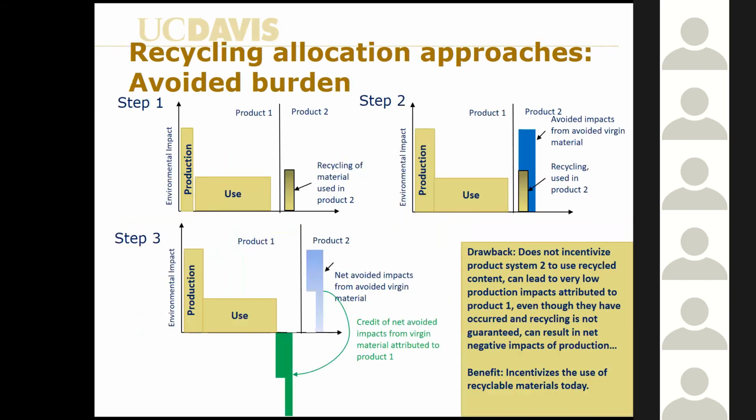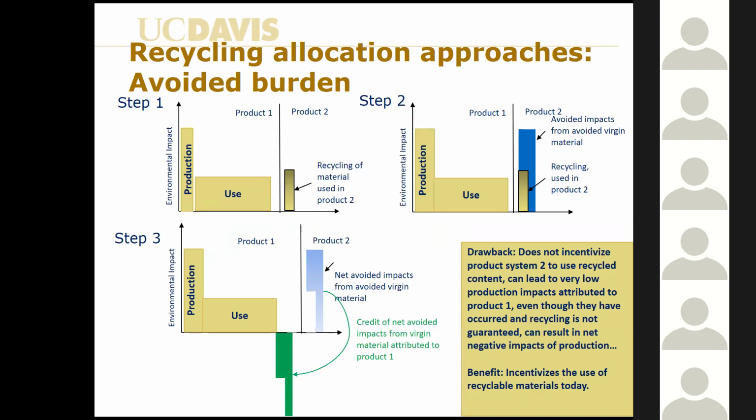On the more complicated side of things, but also the more optimistic, is what is the avoided burden. So this is a bit harder to describe, but the idea here is that if I have a product system, and what I've shown you here on the y-axis is environmental impact, and on the x-axis is essentially time, you have the production and use of a system, and at the end of life, you have some recycling process that occurs to provide material to a second product system.